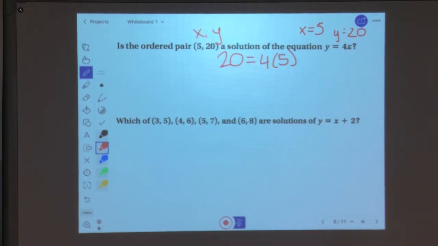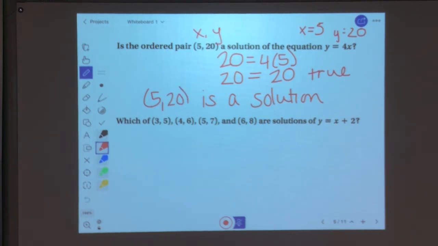To check it, I just solve that math. There's nothing to solve on the left, so I leave 20, but 4 times 5 is 20, which is a true statement, meaning that it is a solution. So that ordered pair of 5, 20 is a solution to that equation.